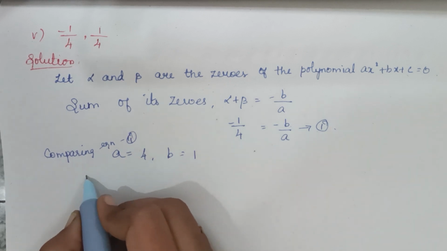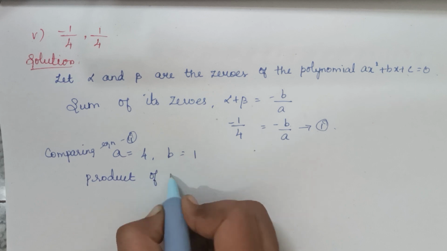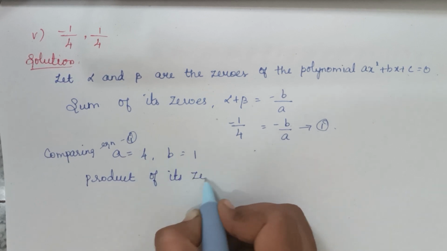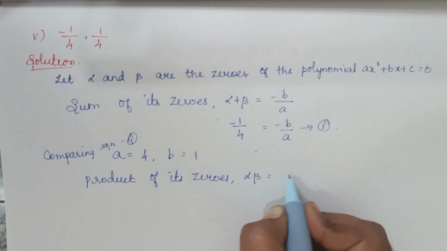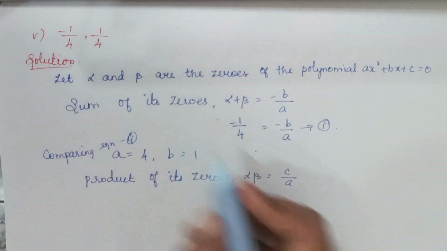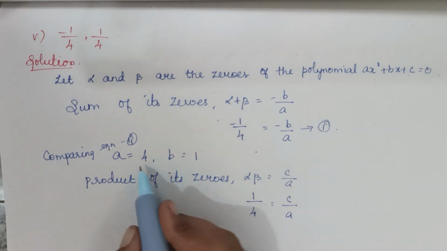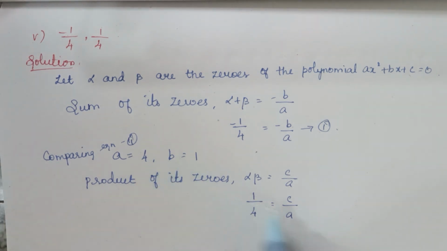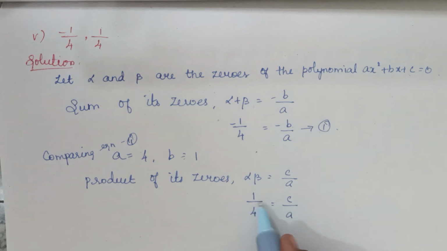Now the product of its zeros. Product of its zeros, that is alpha into beta, is equal to c by a. So we know the value of alpha beta, that is 1 by 4 equal to c by a. So already we found a is equal to 4 and b is equal to 1. Now we just want to find the c value.